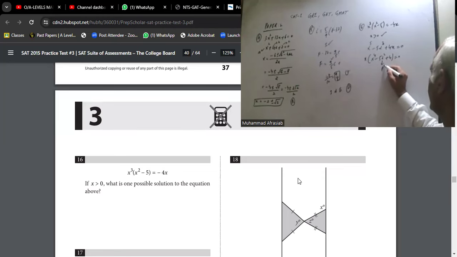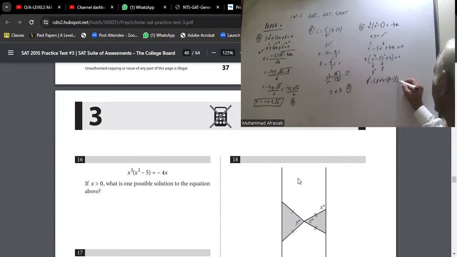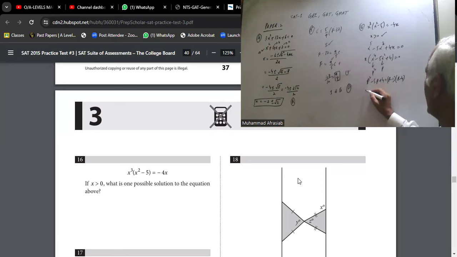If x squared is p, then x to the 4 is p squared. So we can write this as p squared minus 5p plus 4, which is p minus 1 into p minus 4. Substituting back, we get x into x squared minus 1, x squared minus 4, equal to 0.